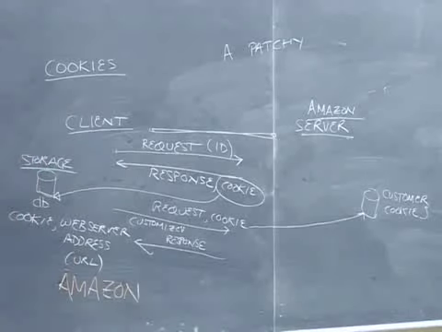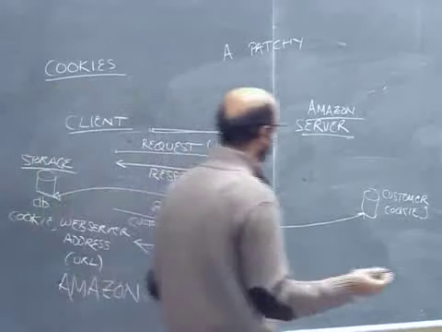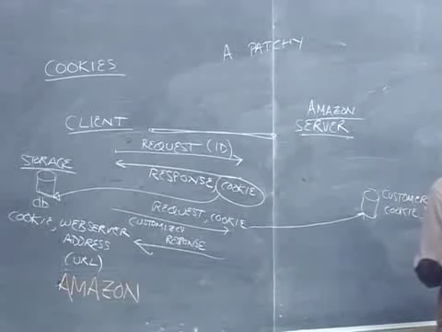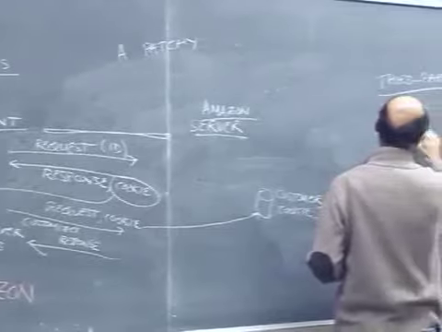Now let's say that Amazon has a deal with a company that tracks where all the customers are. Let's call that company Google, just for the sake of argument, or as it's also called DoubleClick, because DoubleClick was bought by Google.